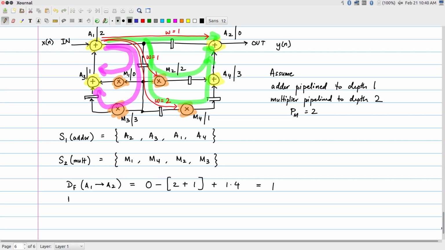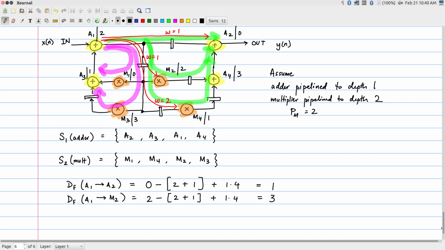Okay. Let's look at DF from A1 to M2. In this case, once again, the schedule time of M2 is 2. The finishing time of A1 is 2 plus 1 equal to 3. Again, it would have been negative except for the fact that there is one delay over here. So what I get is 4 plus 2, 6 minus 3 is equal to 3.